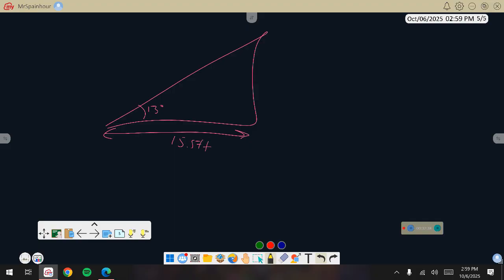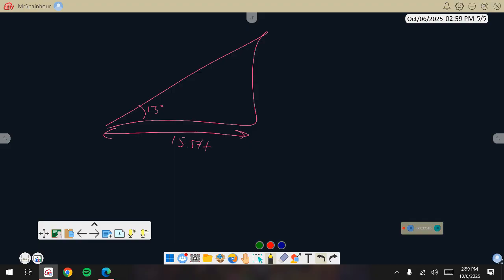The moment you have an angle, you have a ratio of every possible side. So I just measure a side that's easier to measure. 1, 2, 3, 4, 5, 6, 7, 8, 9, 10, 11, 12, 13, 14, 15, say and a half. It's 15 and a half feet to the wall. So here's what I have. I know this angle right here is 13 degrees, and I know that this side right down here is 15.5 feet.